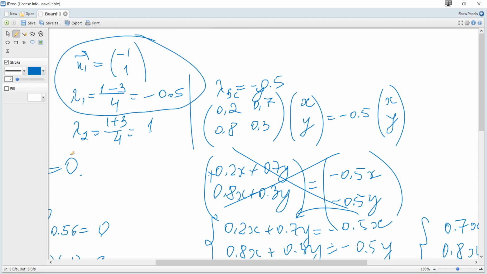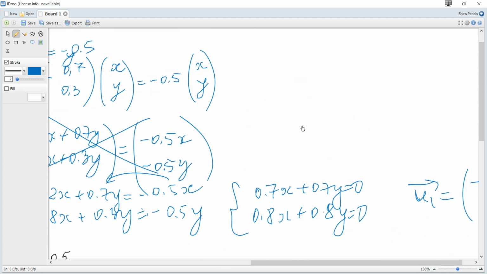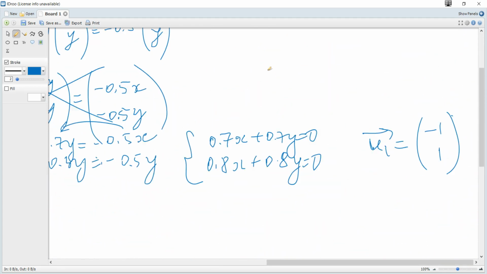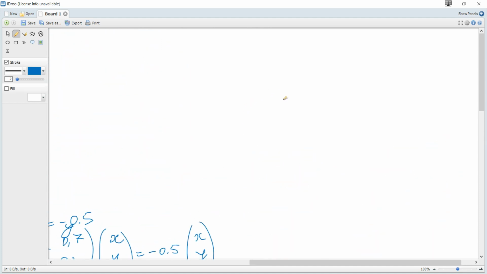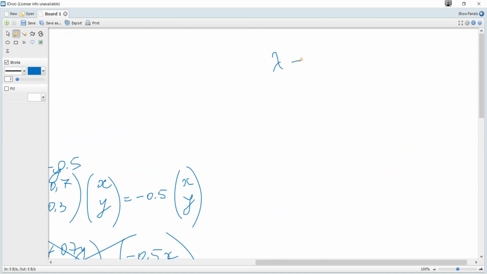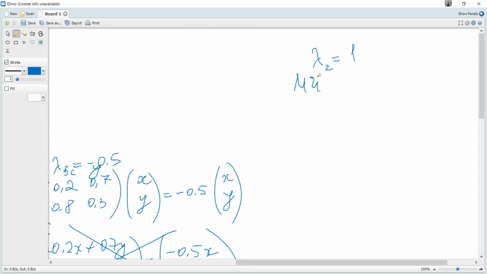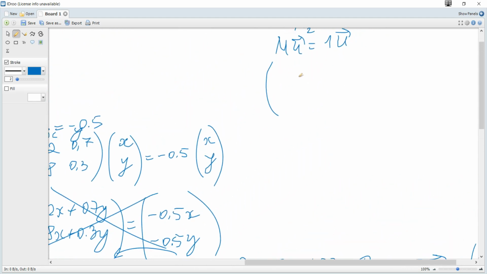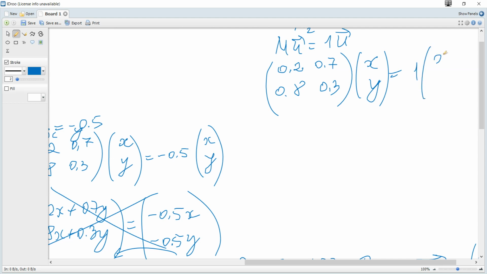And next we consider the eigenvalue of 1 and do the same. Mu is equal to 1u. So our matrix is 0.2, 0.7, 0.8, 0.3, times xy is just 1 times xy.